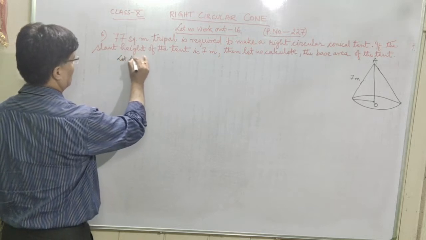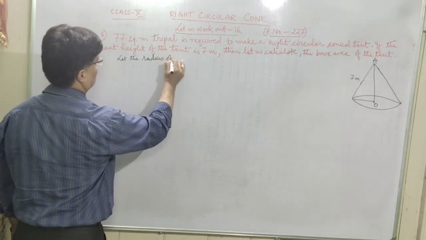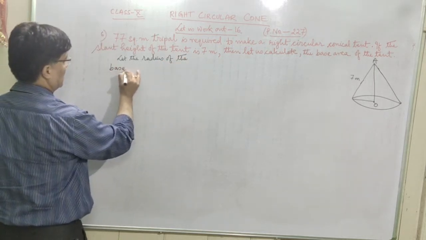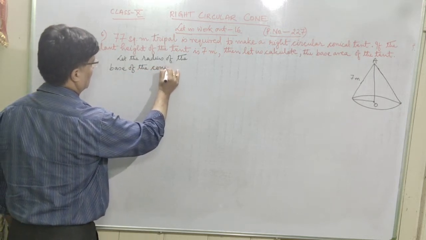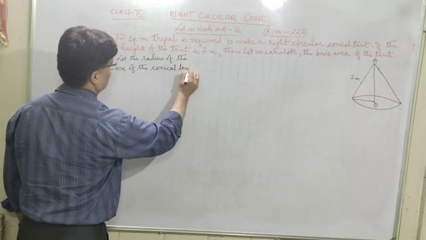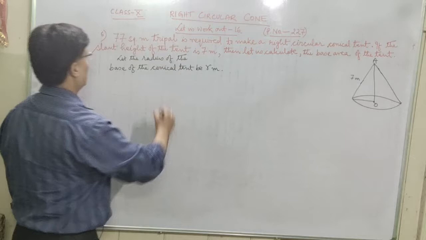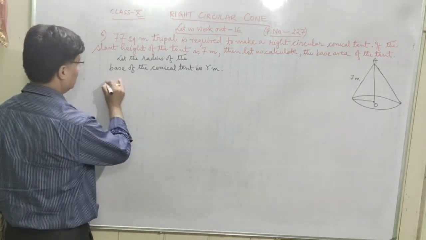Let the radius of the base of the conical tent be r meter.